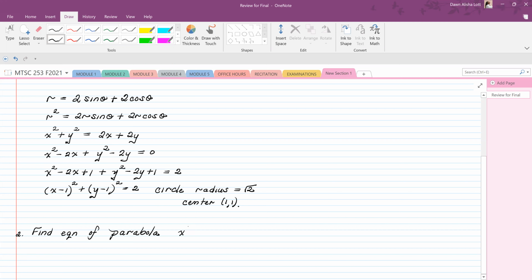It doesn't say, it just says find the equation of the parabola with focus -4, 0. X is equal to 2. Well, directrix.